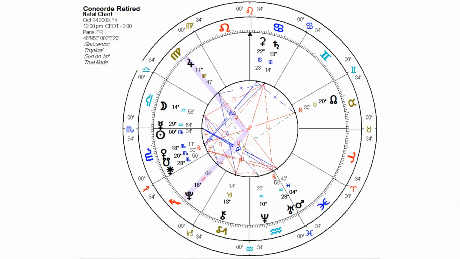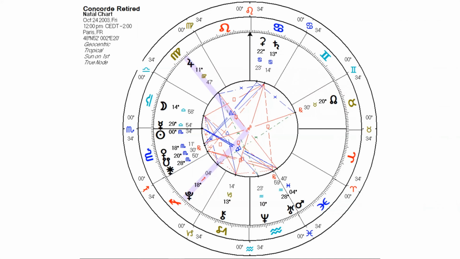Now, if I wanted to do an even more thorough study, I would go into the history and see what happened with every Pluto-Jupiter conjunction, which occurs about every 14 years.